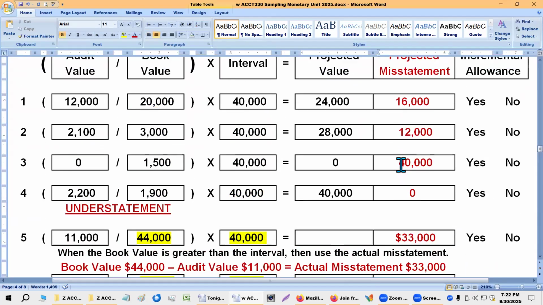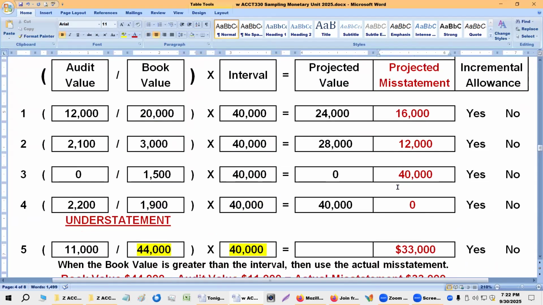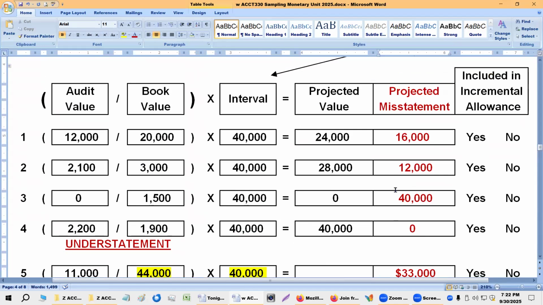Yes, it can. And it can get wackier because we have this incremental allowance. Okay, so incremental allowance.